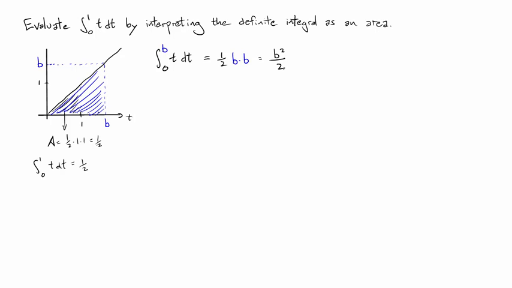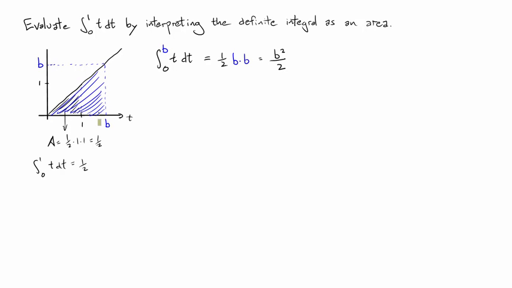Now, there was nothing special about me choosing the letter b here for the upper bound of integration. I could have chosen a or c or d or any other letter. I probably shouldn't choose t, though, because t is used in the definition of the function. However, I could replace that b with the letter x.